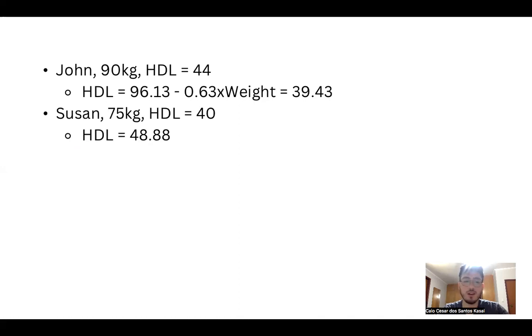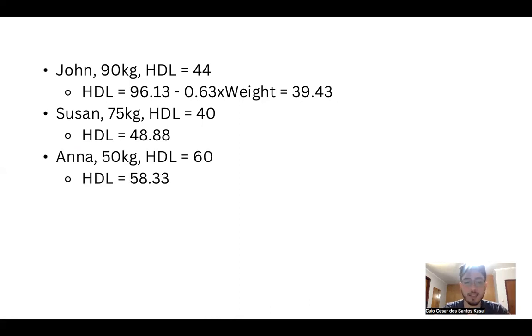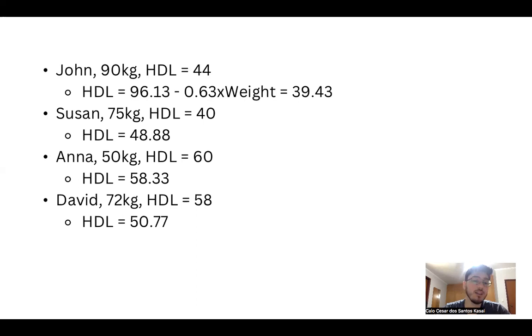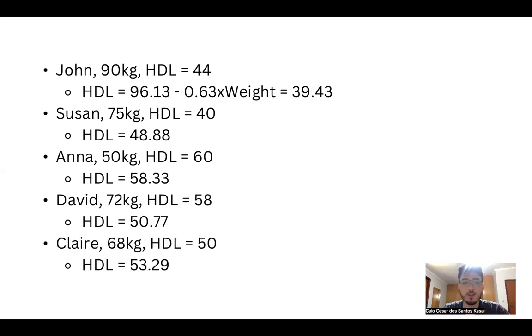Susan's expected HDL level was 48.88 versus her actual value, which is 40. Anna had an expected HDL level of 58.33 versus her actual value of 60. David had an expected value of 50.77 versus his actual value of 58. And Claire had her expected HDL level of 53.29 versus her actual value of 50.